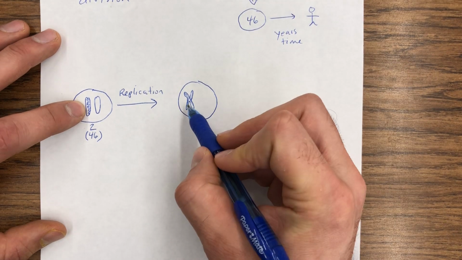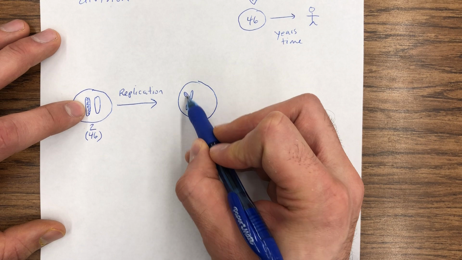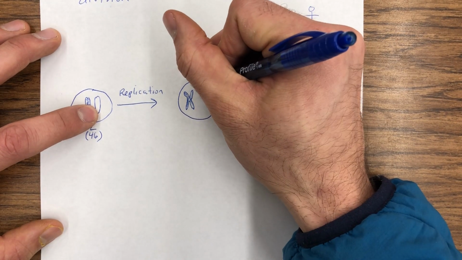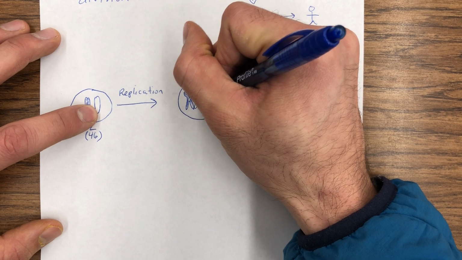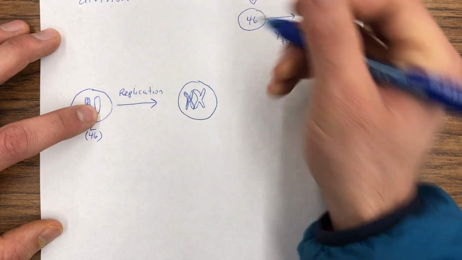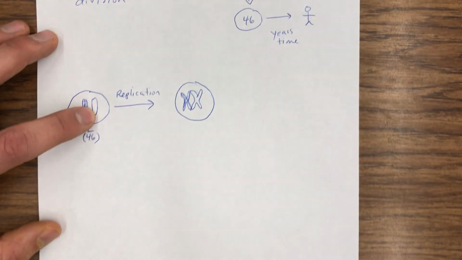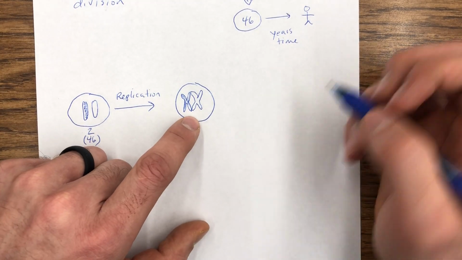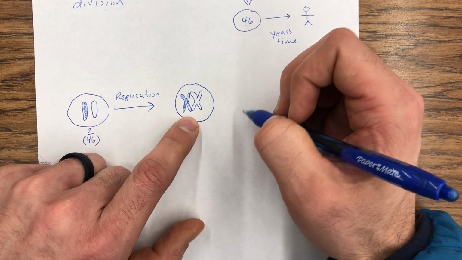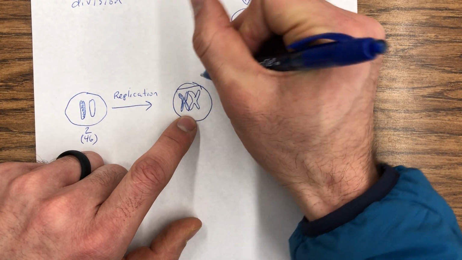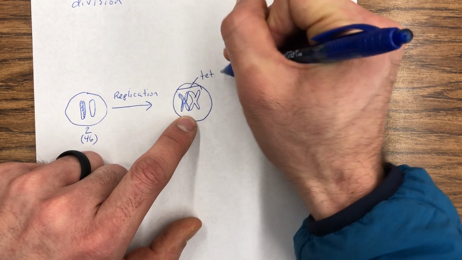And so this is actually 2 chromosomes now, and they're identical. Here's 1, and here's 1. And then this one over here is going to look like that. And so we have 1, 2, 3, 4. And I drew them touching on purpose because after they replicate, they come together and form something that's called a tetrad.